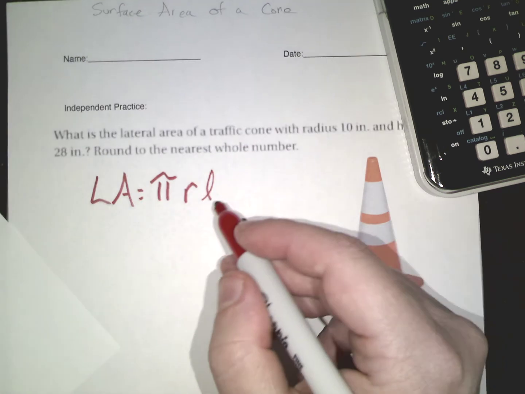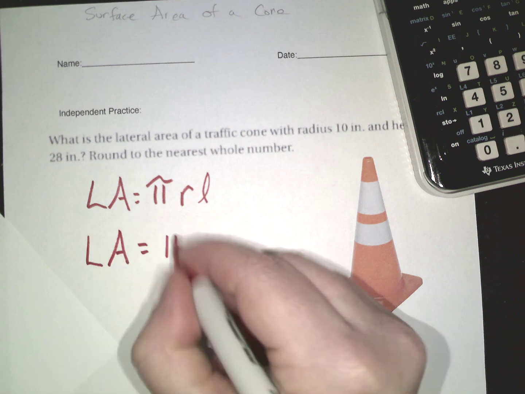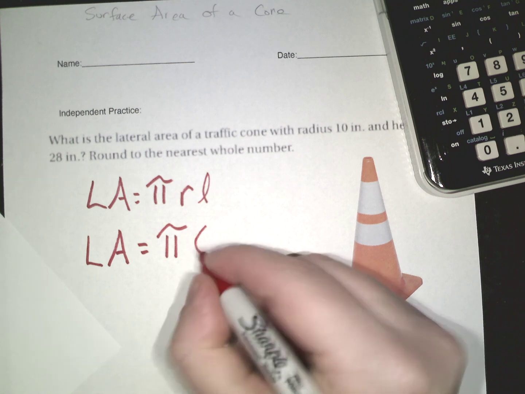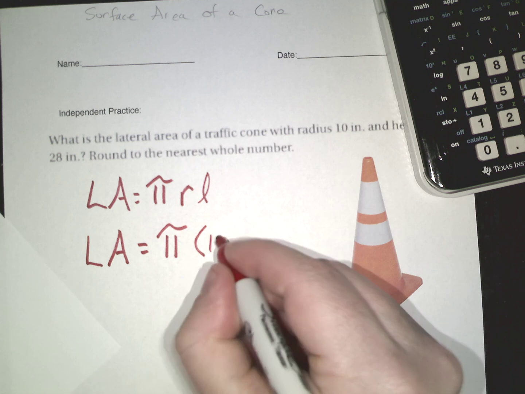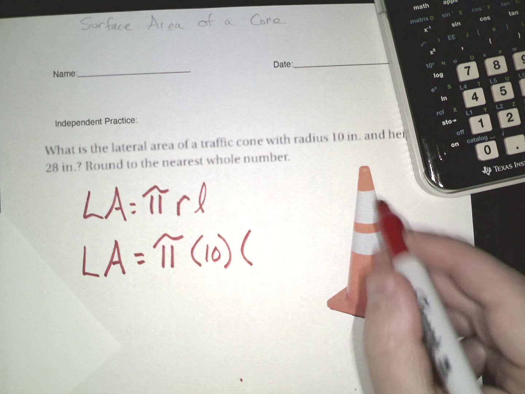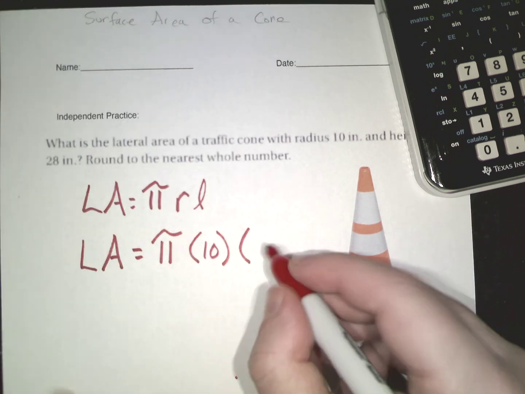Now I come back here. Well, I have all this information now. LA equals pi. I can use 3.14 if I don't know how to use pi on my calculator. Times R, which we already found out is 10, times the slant height, the big little L, which is 29.7.